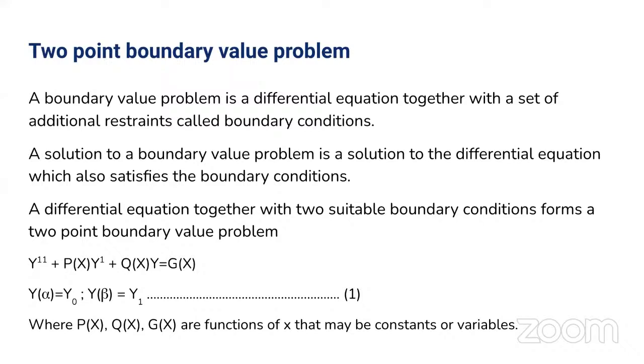So those are the conditions. There are 2 points, y naught and y1. From the other ones that we have been saying previously, you'll find out that it was only one that we have been talking about, but for this one we have two conditions. So where p of x, g of x, and q of x are all functions of x that may either be constants or variables, depending on the differential equation that we are looking at per time. Okay, please let's go to the next slide.